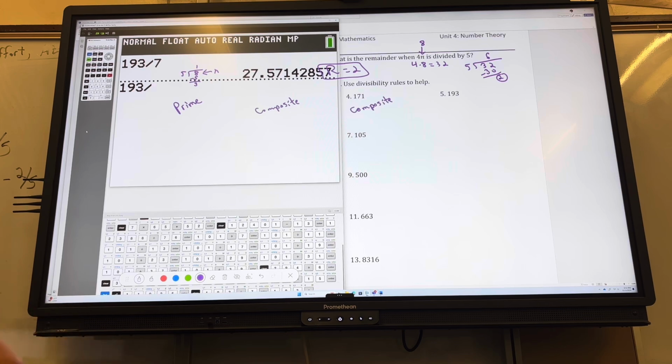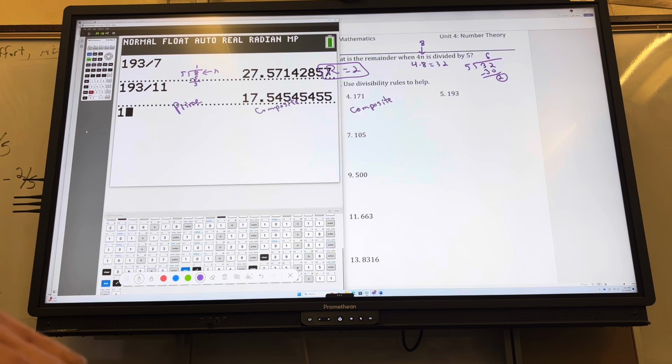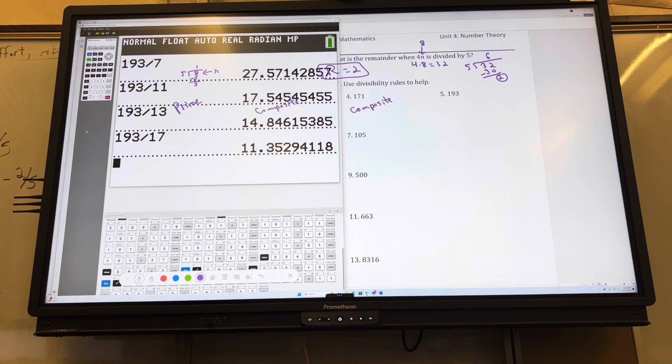We know 9 doesn't work, so that's a multiple of 3. 11, that doesn't work. 193 divided by 13. 193 divided by 15 doesn't work. 17.